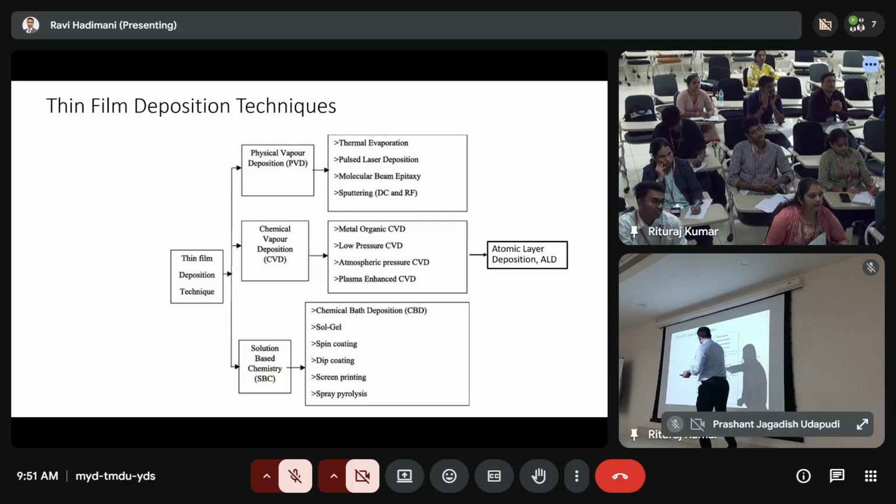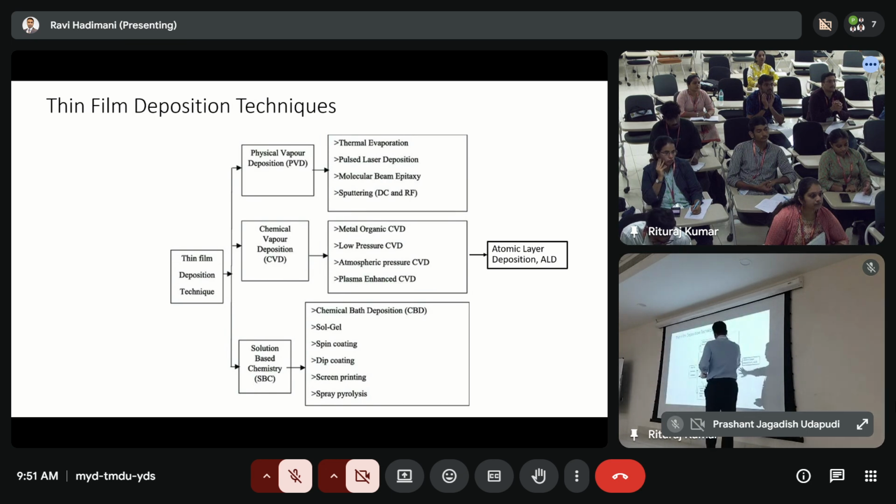Here you use physical phenomena: thermal, light, laser, electrons or ions. Whereas here you use chemical vapor deposition.